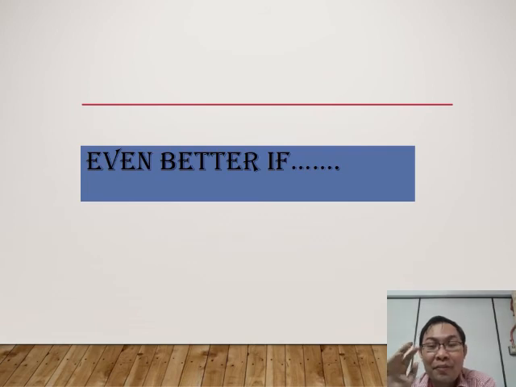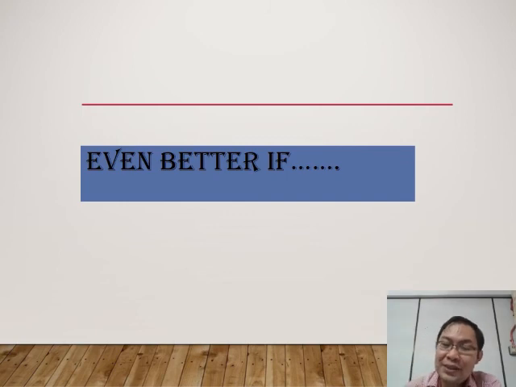Before we go there, you can discuss with your friends in the class, in groups of 2 or 3, and state how we can make our review better. You can come up with a list of things on how we can make our review better. I won't go through the list I'm giving to you, but I will just leave it in the slides so that you can read it. We can do this in our next lesson.